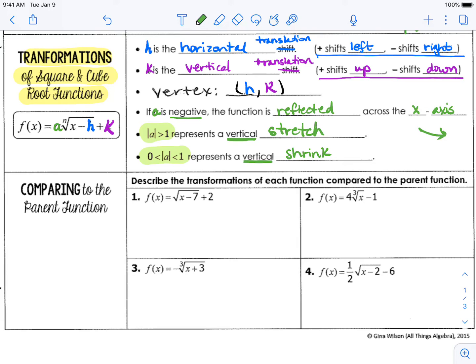Okay, so what I want to do now is use these rules in these example problems.